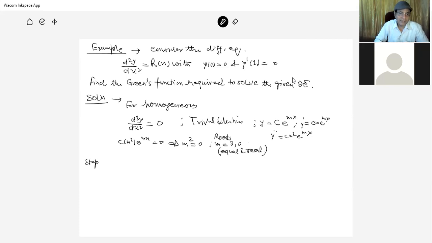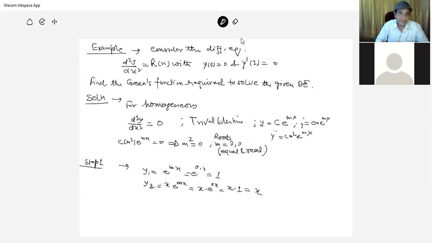So take step 1 in this case, that is y1 is equal to e raised to the power mx, that is e raised to the power 0 into x is 1, and y2 is equal to x e raised to the power mx. So this is x into e raised to the power 0x, so it is x into 1, so it is x.